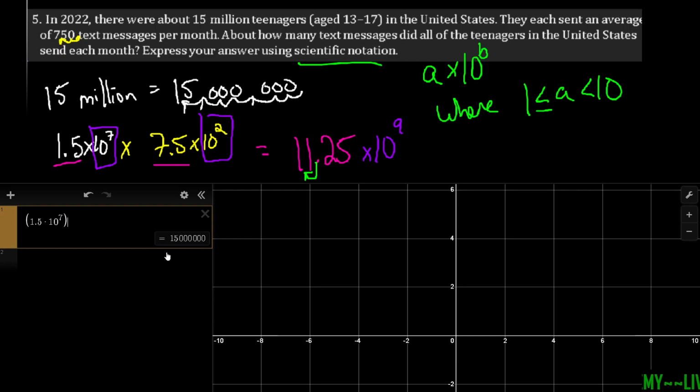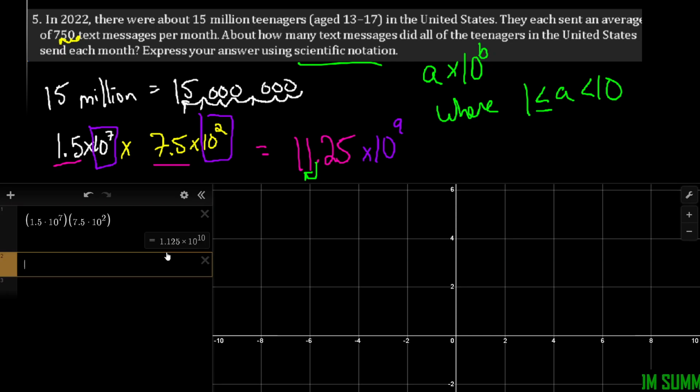And then my second value was 7.5 times 10 to the exponent of 2. So again, exactly as what we had. Notice how it gives us our value with that decimal point and that changed value of 10 to the 10th power.